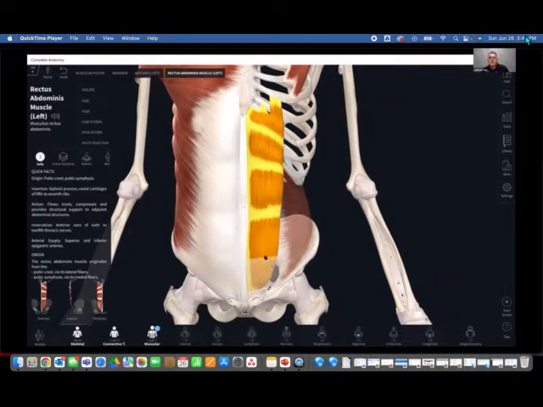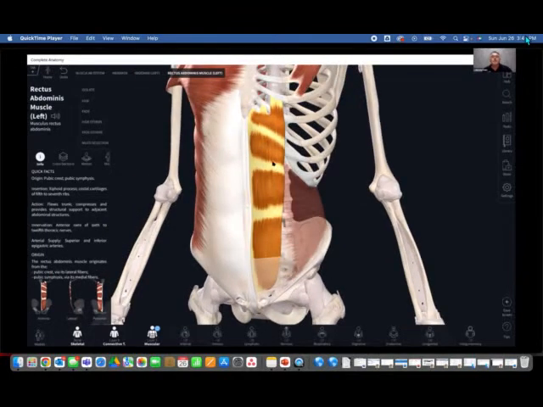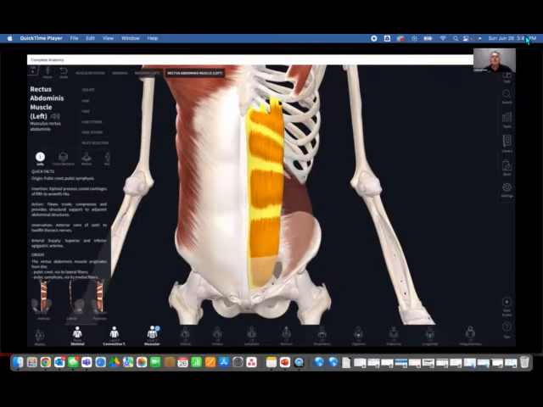These segments can actually have low-grade spasm, muscle tension, neuromuscular dysfunction, and so these are needleable. Origin, the pubic crest and the pubic symphysis, and it inserts into the xiphoid process, the costal cartilage of the 5th to the 7th ribs. So right along this path right here.